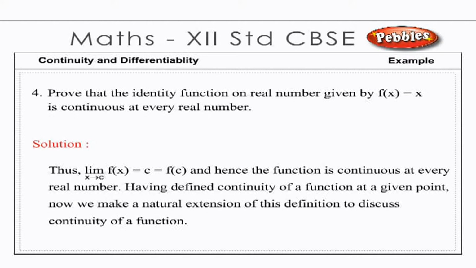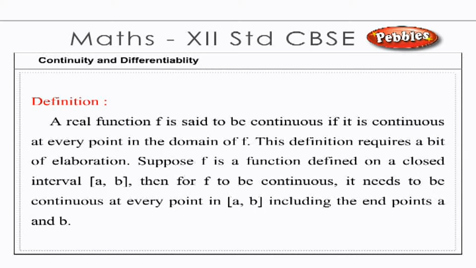Having defined continuity of a function at a given point, now we make a natural extension of this definition to discuss continuity of a function. Definition: a real function f is said to be continuous if it is continuous at every point in the domain of f.